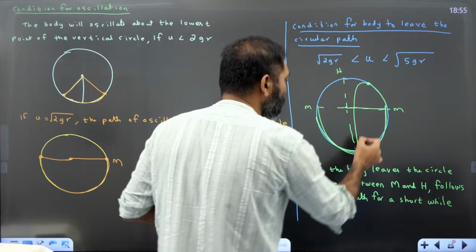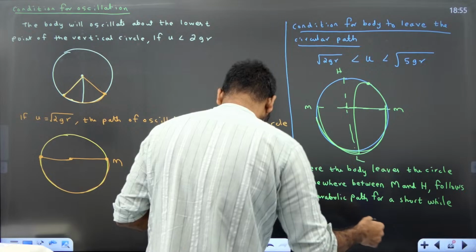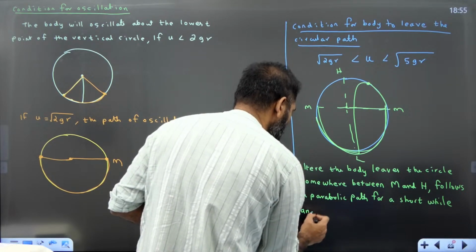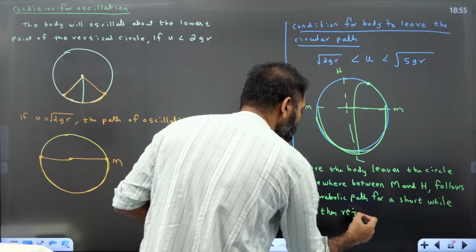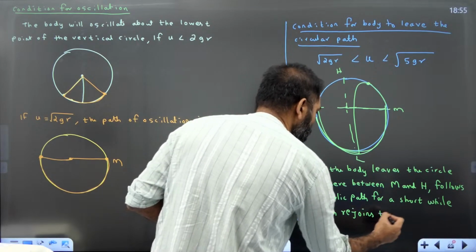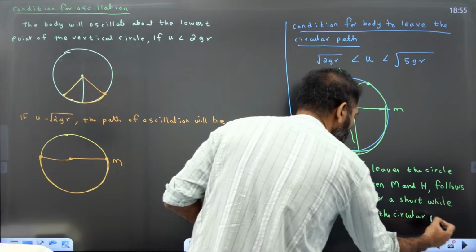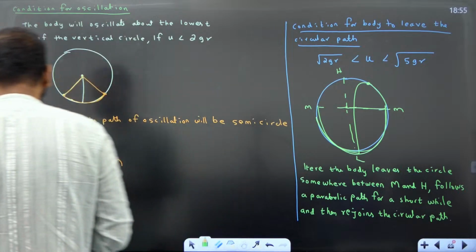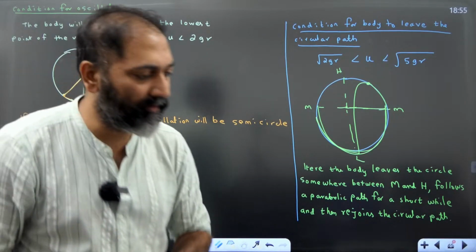See, this is a parabolic path. Then after falling down to the lowest point, it rejoins the circular path. And then again it rejoins the circular path.